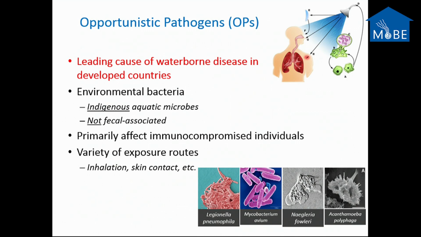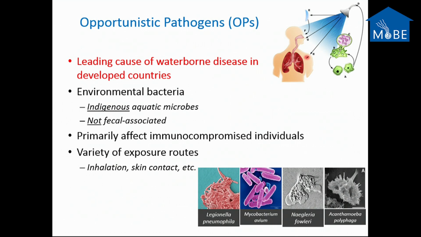And they're a real challenge because the aquatic environment is their native habitat. They are not fecal associated, and that's how our water safety and regulatory framework is set up for fecal pathogens. Now, they usually affect immunocompromised individuals, but they can affect healthy people as well.